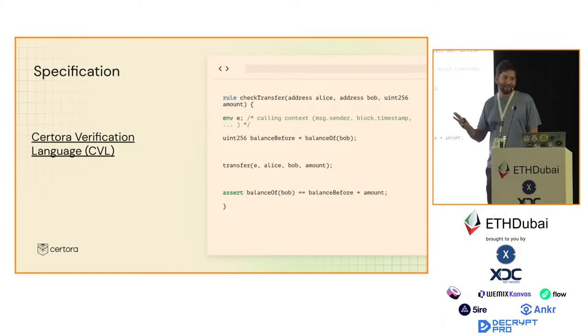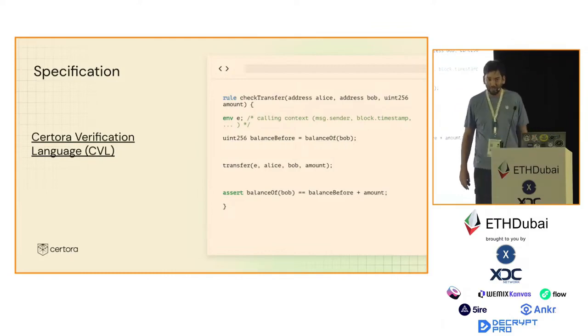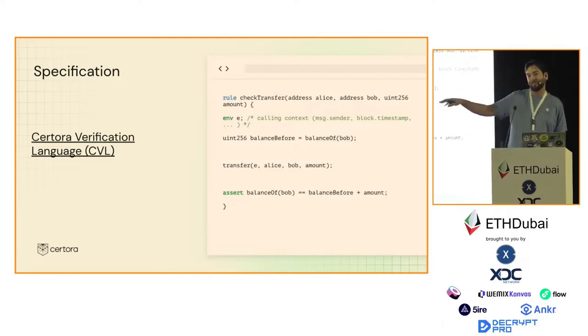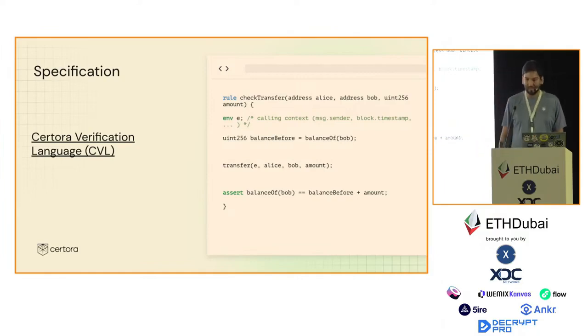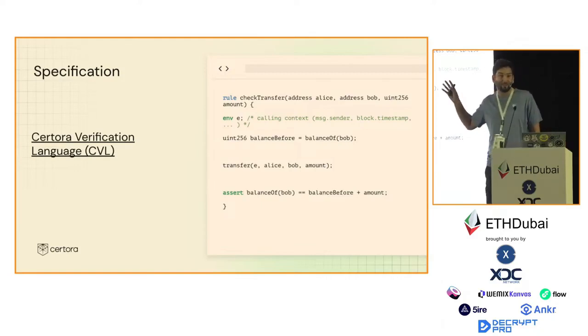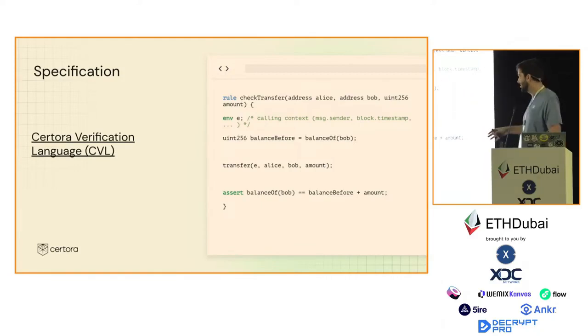First, let's look at an example for a specification. This example is written in the Certora Verification Language, which is the input language for the formal verification tool by Certora. If we look at it, we see that it's actually not that different from the test that we saw earlier for the transfer function.